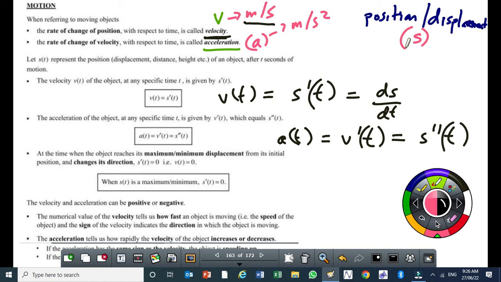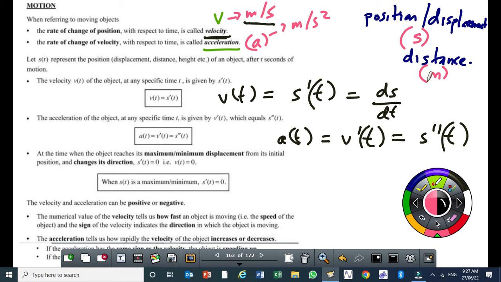Now, position and displacement are related to distance. But position or displacement has got direction, while distance doesn't have direction. And they are measured in meters. That's the standard unit for position or displacement, or you can say distance.